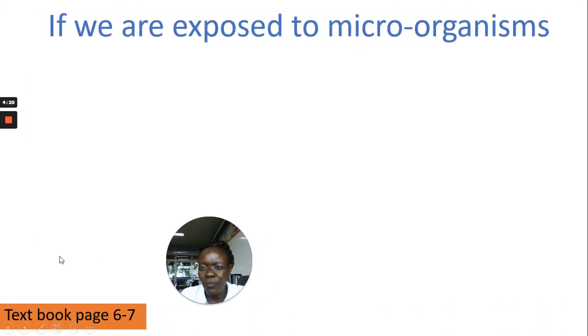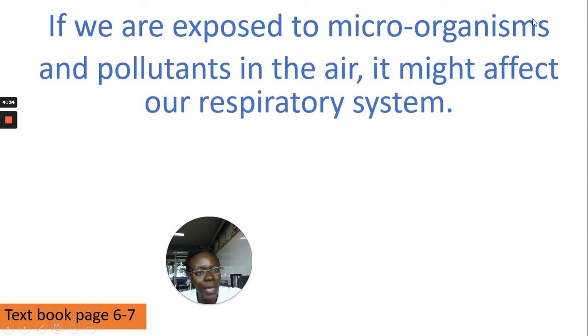So, if we are exposed to microorganisms, how do we get sick? How does our respiratory system get affected? If we are exposed to microorganisms, meaning some bacteria in the air, then our lungs will get affected. And pollutants in the air might affect our respiratory system.